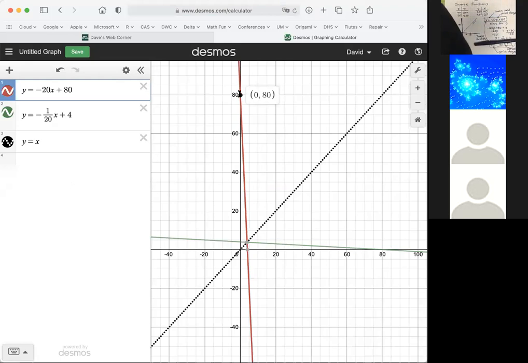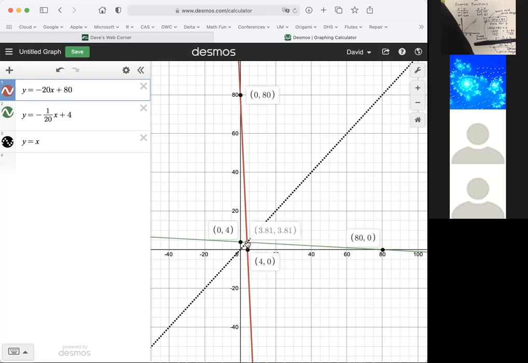Here's a point called 0, 80. What would happen if I reversed the 80 and the 0? I'd get 80, 0 on the other line. How about this point, 0 and 4? What would happen if I reversed that point? I get the point on the other line, 4 and 0.